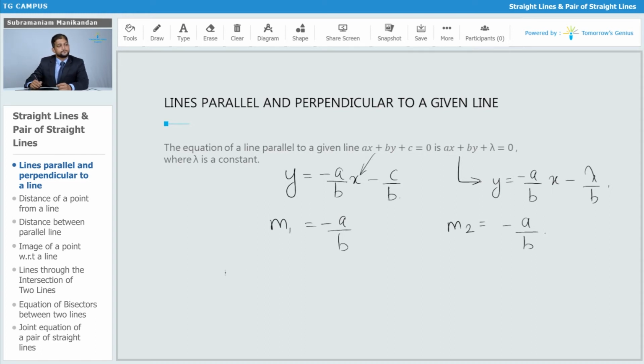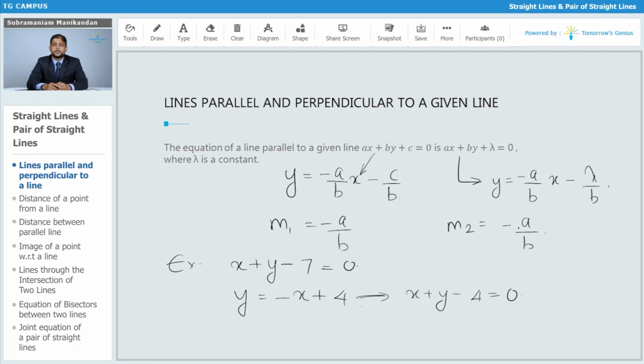So actual examples could be of the type x plus y minus 7 equals 0, y is equal to minus x plus 4. Of course you could rearrange the second equation into the form x plus y minus 4 equals 0. Here the coefficient of x in both equations is 1, and so is the coefficient of y, if you write them both in the general form.